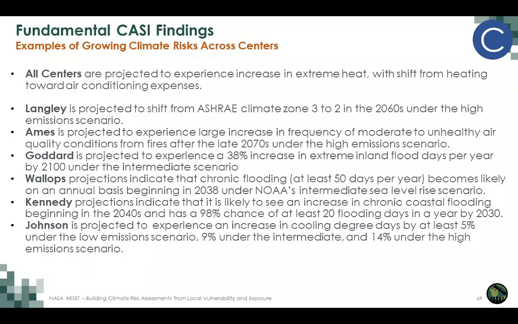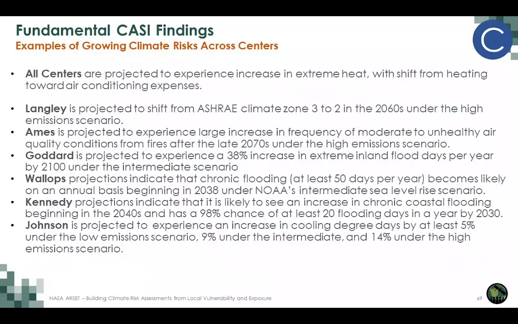The Goddard Space Flight Center is projected to experience a 38% increase in extreme inland flood days per year by 2100 under the intermediate scenario. Wallops projections indicate that chronic flooding, here representing at least 50 days per year, becomes likely on an annual basis beginning in 2038 under NOAA's intermediate sea level rise scenario.